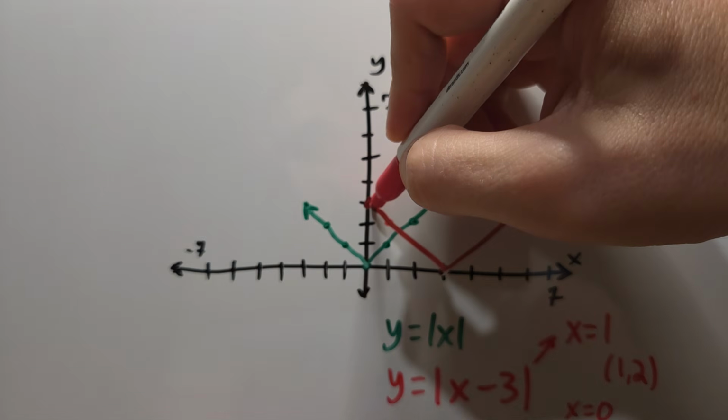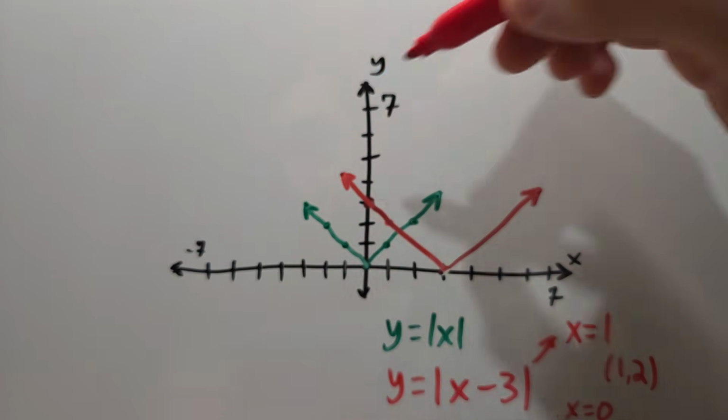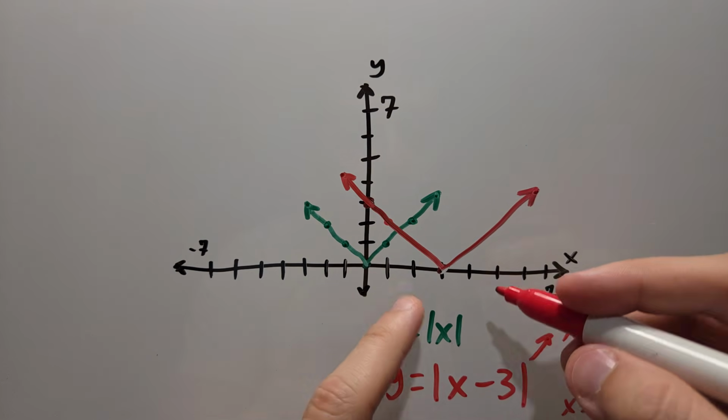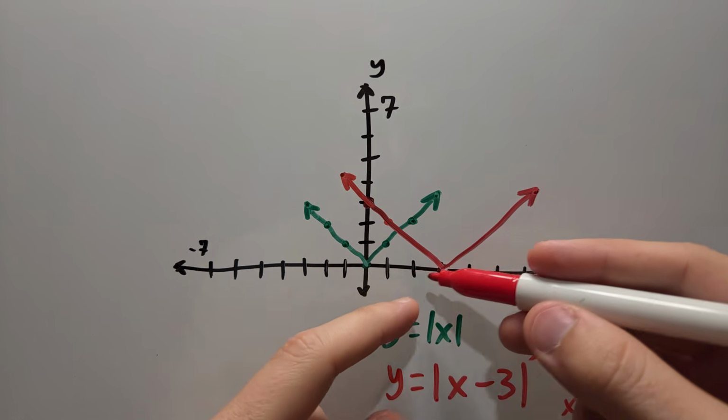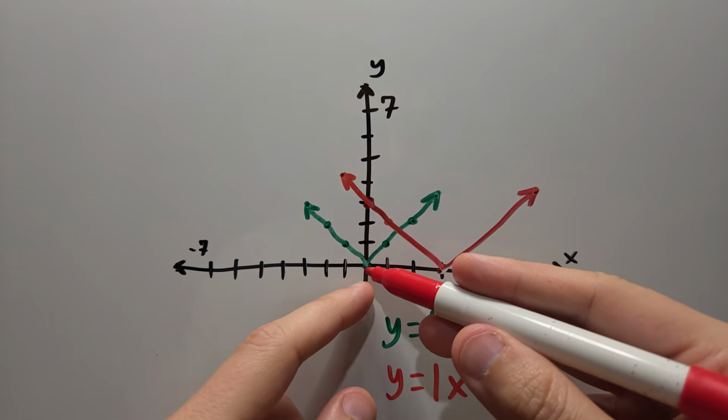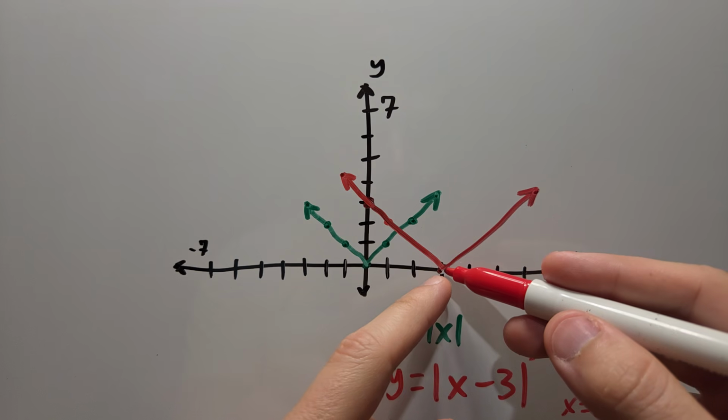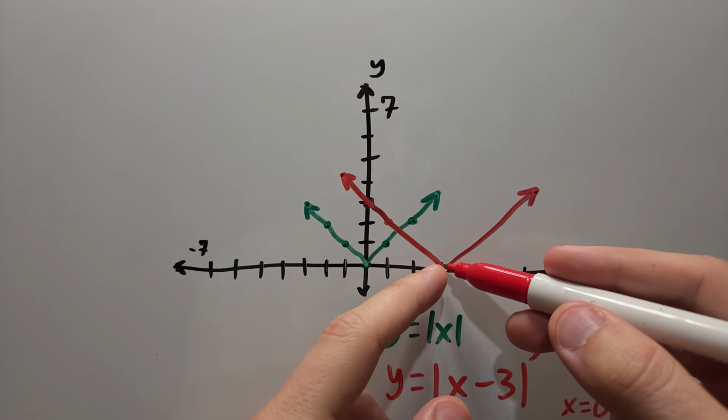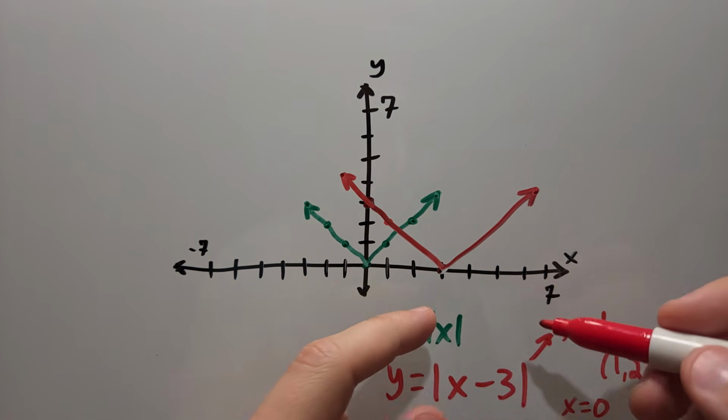All respective values that you get for y are going to be above the origin, or rather will be either on the x-axis, but they will never be below the x-axis.